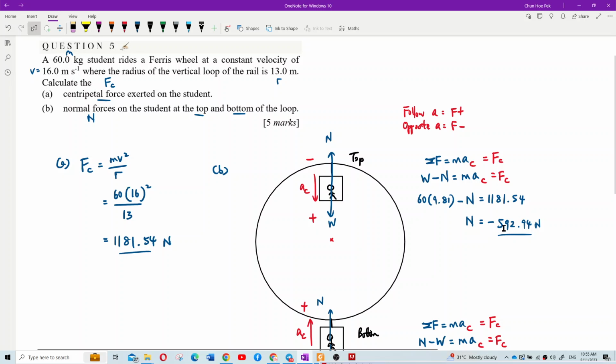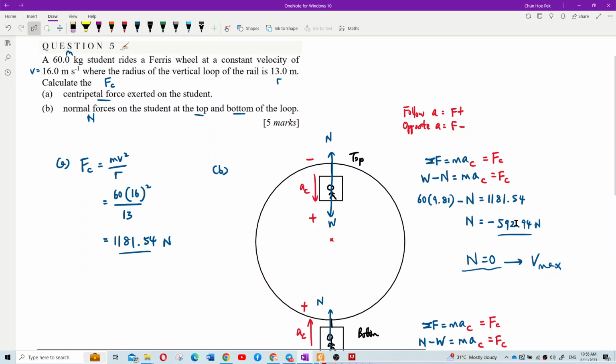Too fast means it's floating already. You know that? It means it's not touching. If you get a negative normal force, it means that at some speed, this person already has zero normal force, so he is not touching the ground anymore. At a certain maximum speed the normal force is zero.